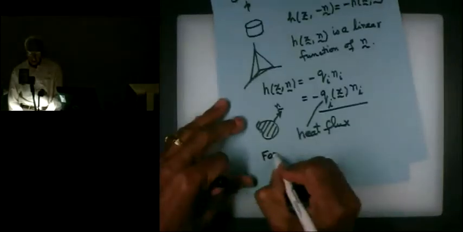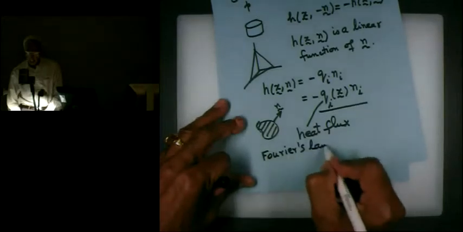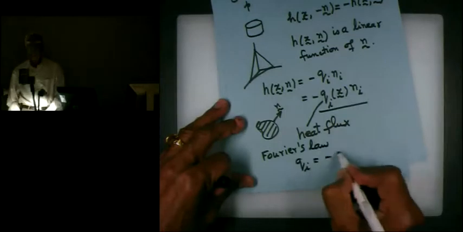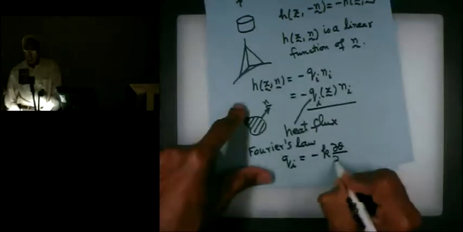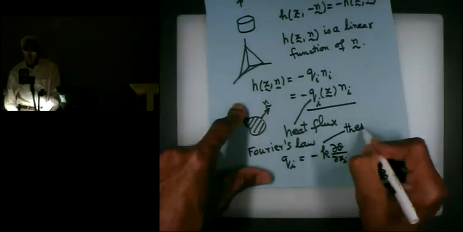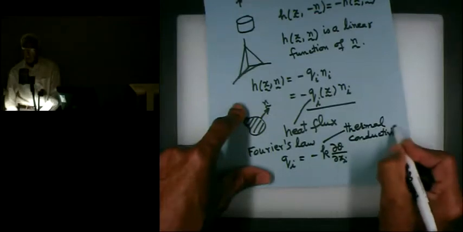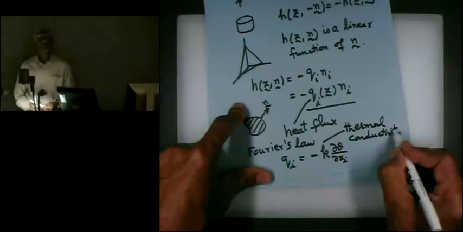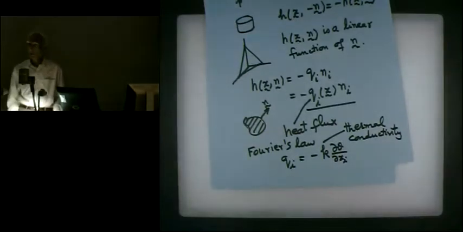Okay, so heat flux. Those of you who have heard of Fourier's law of heat conduction: Qi equals minus K delta theta over delta Xi, where K is called thermal conductivity and theta is the temperature change.